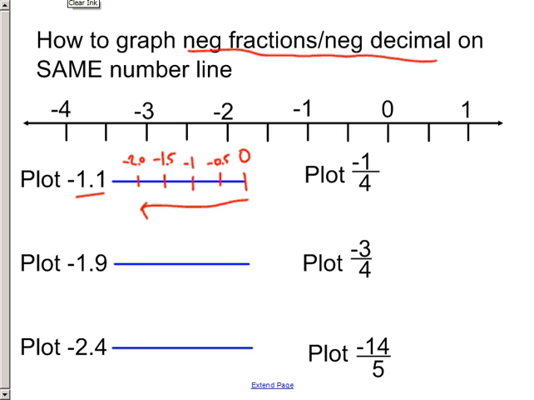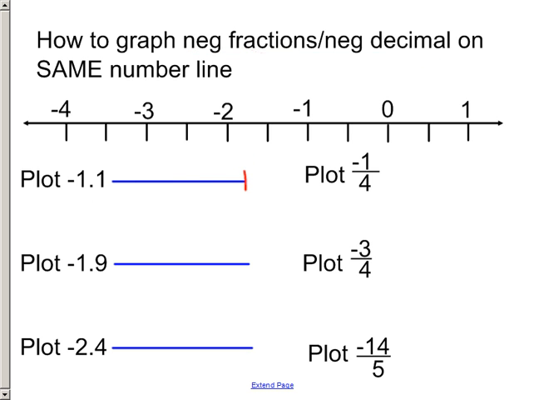So let's take a zoomed in look right here, going from negative 1. You're at negative 1.0. So this is negative 1.1 right here. This is negative 1.2, negative 1.3, negative 1.4. Here's negative 1.5 right here.